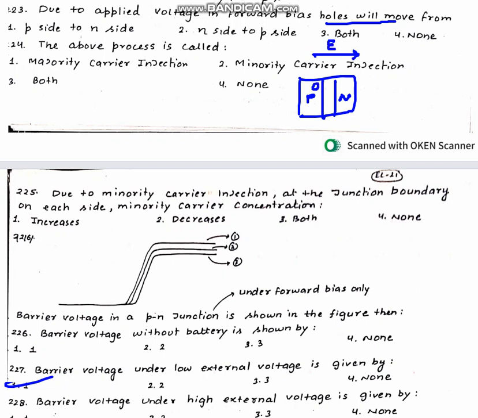As holes move as apparent positive charge, certainly there will be force in the direction of electric field. So they will move from P side to N side. So first option is correct.